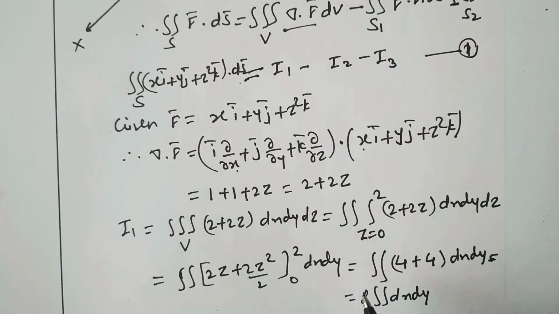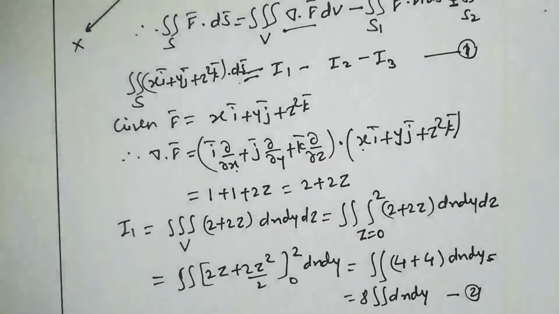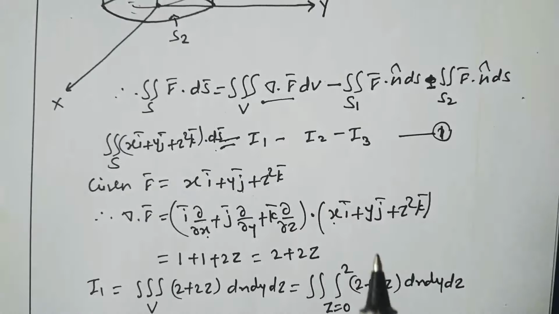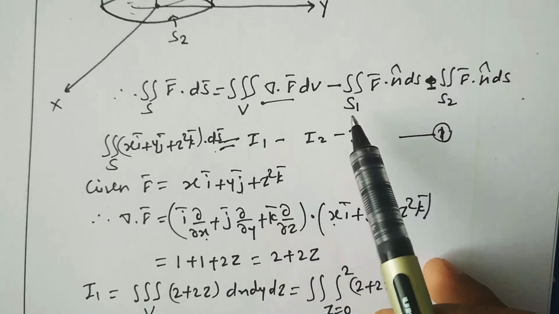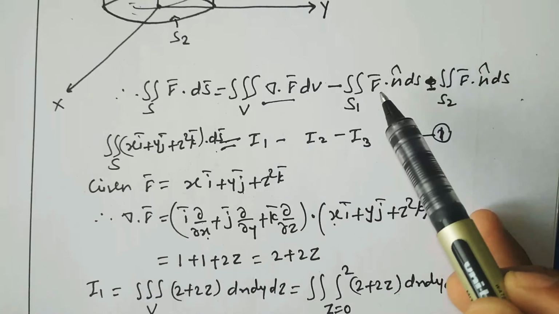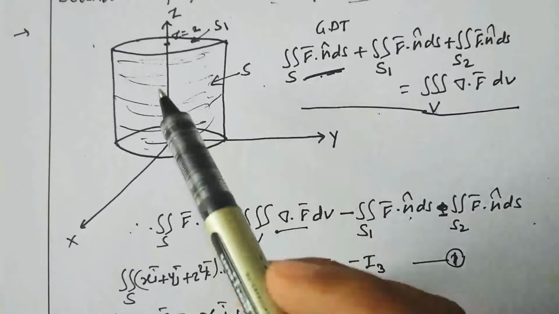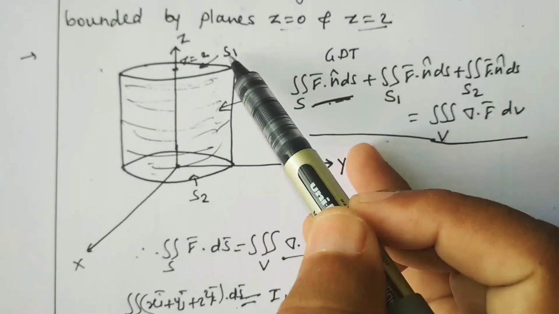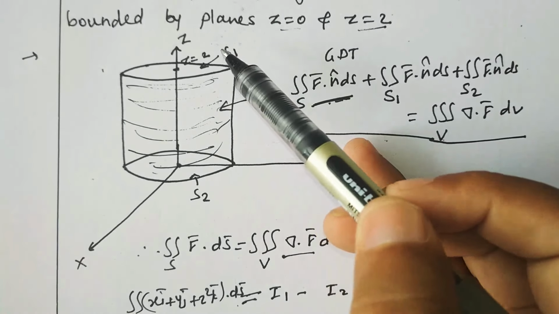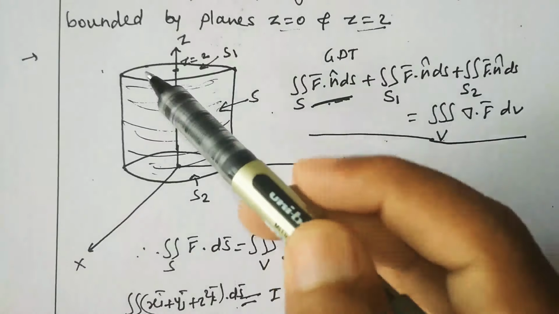Now, equation number 2. Now see, we have to evaluate I2, that means over the surface S1. For that we require to calculate the value of F bar dot n cap. But for the surface S1, what is the value of n cap? n cap is the unit normal in the outward direction.